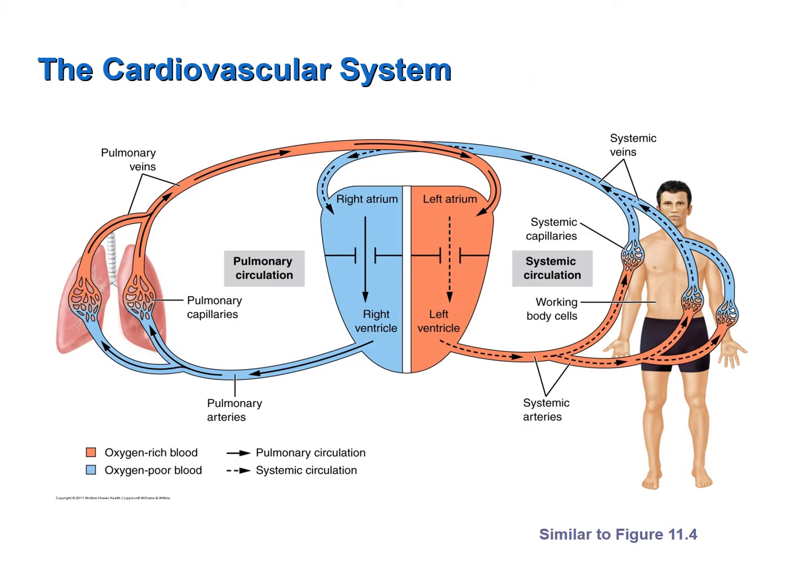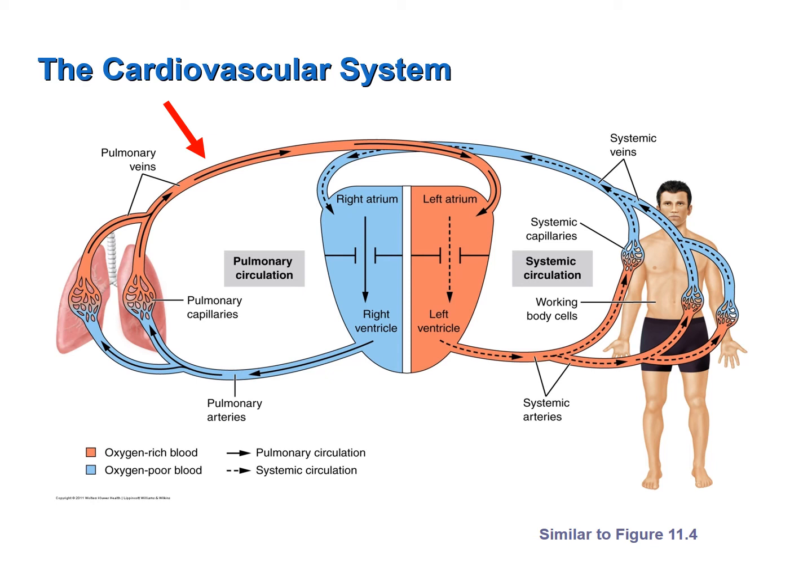The heart transports blood to two general locations. Oxygen-poor or deoxygenated blood is transported from the right side of the heart through pulmonary arteries. The pulmonary arteries transport the blood to pulmonary capillaries located in the lungs.